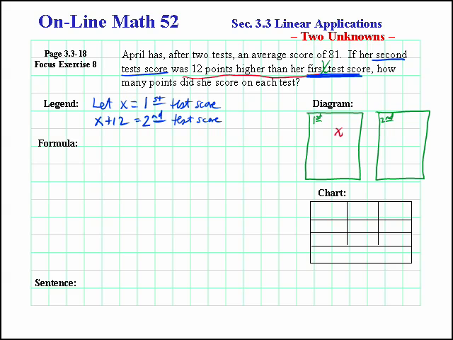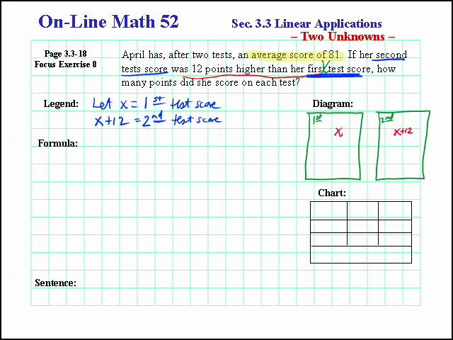And on our second test, it's X plus 12 points. And there's one other important piece of information, and it comes in the very beginning of the problem. It says April has, after 2 tests, an average score of 81. An average score of 81.